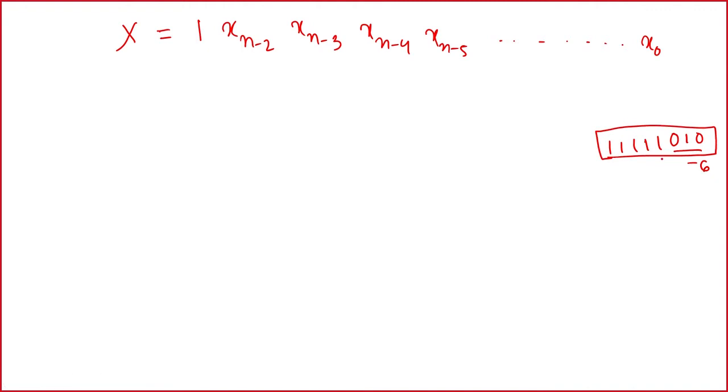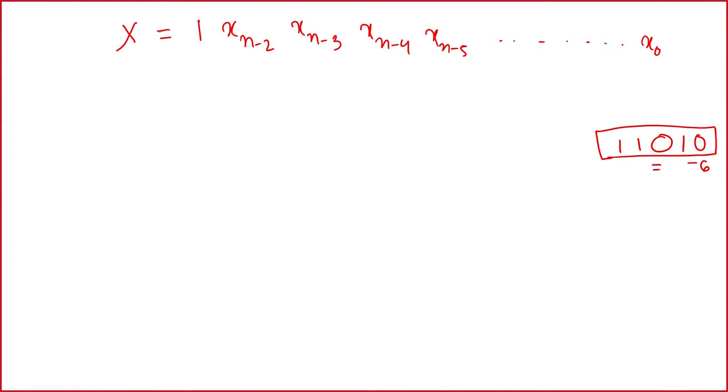So, let us say you represent it in a much smaller number of bits. Let us say 1 0 1 0 1 1, so 1 2 3 4 5, a 5 bit number, this is also equal to minus 6.